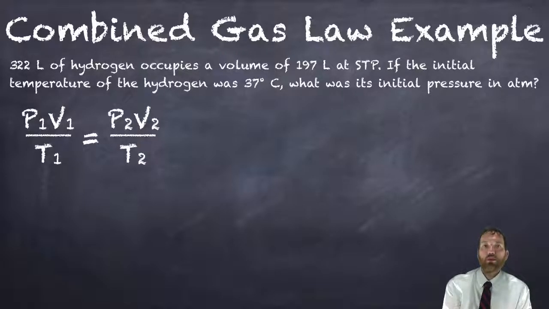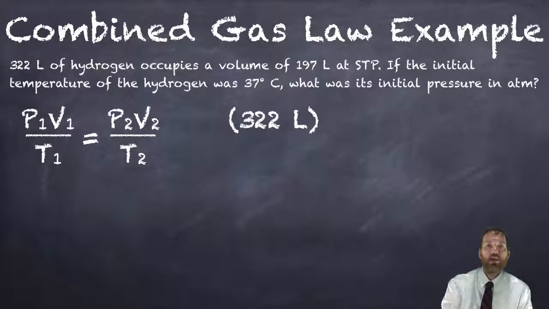But what we need to do is comb through all of the variables in this word problem and figure out what information they are giving us and what information they are actually asking us for. So they say 322 liters of hydrogen occupies a volume of 197 liters at STP. So my initial volume is 322 liters.